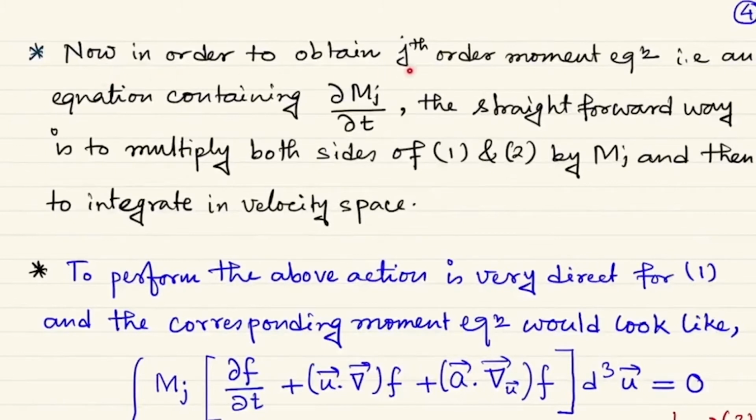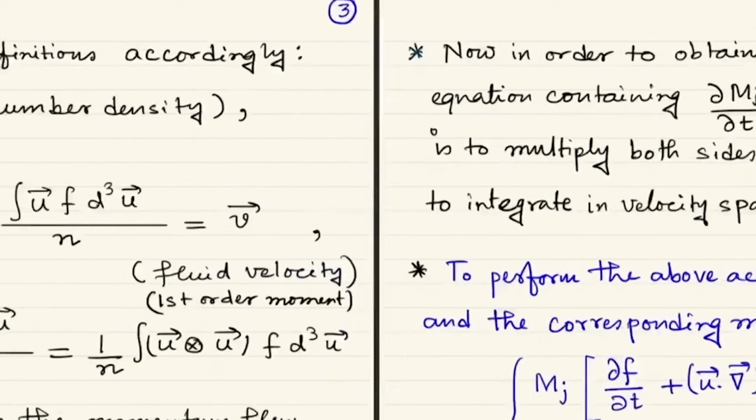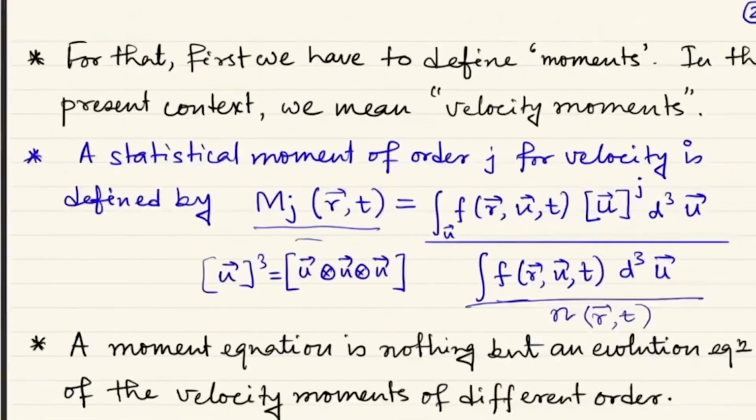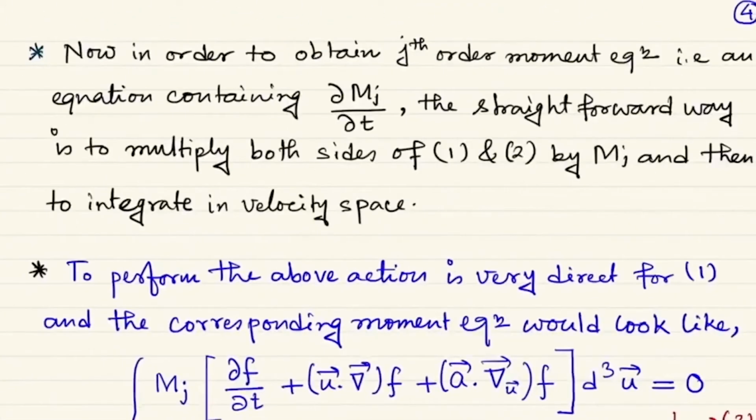Now, in order to obtain a general jth order moment equation, that is an equation containing del m_j del t, the straightforward way is to multiply both sides of 1 and 2, which, just for recapitulation, are the collisionless and the collisional Boltzmann equations, by the corresponding factor, and then integrate in velocity space.